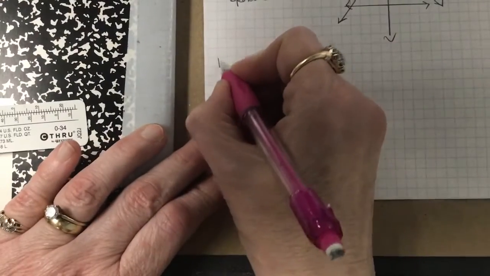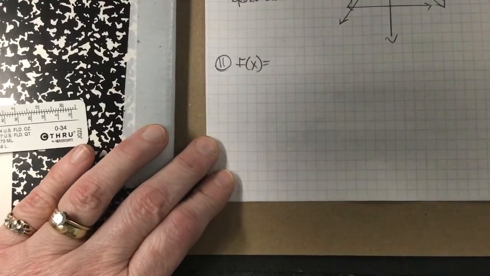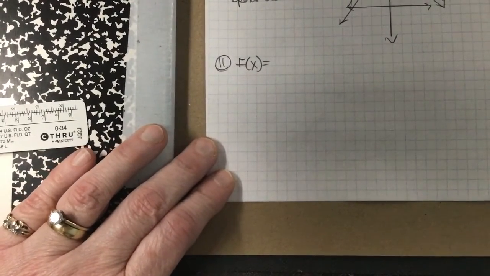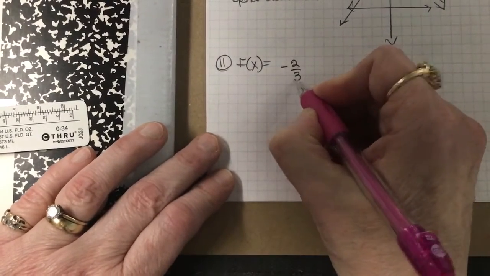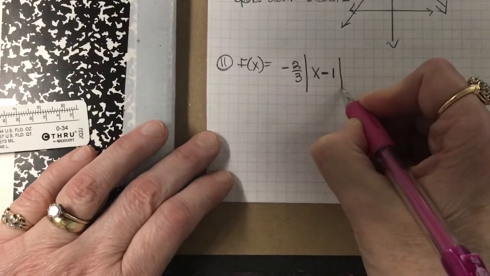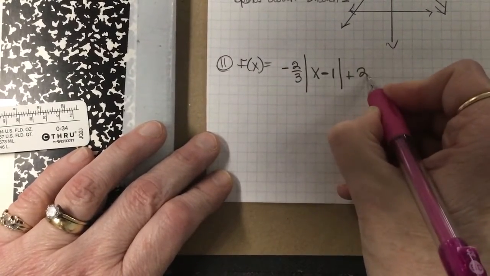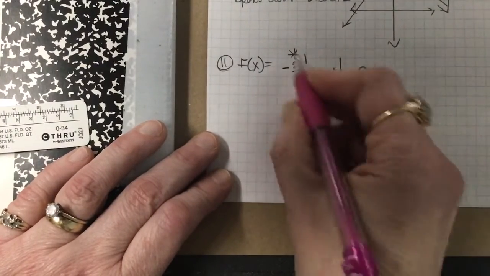So number 11, f of x equals, and the last one we're going to do it all. Negative 2/3 absolute value of x minus 1, close your absolute value, plus 2. Now, I'm going to put a star by the a here.